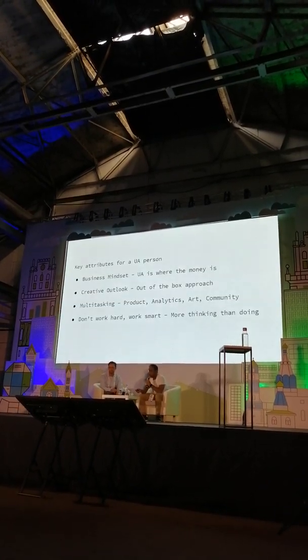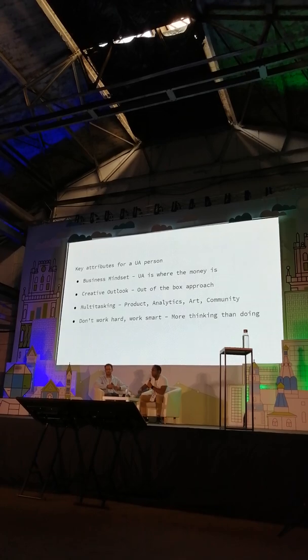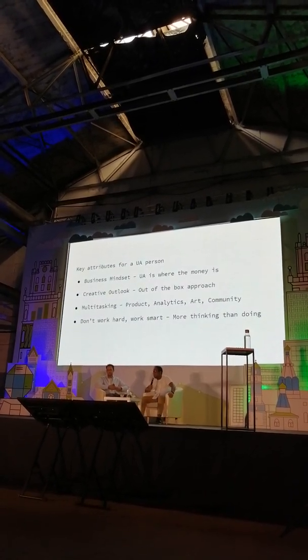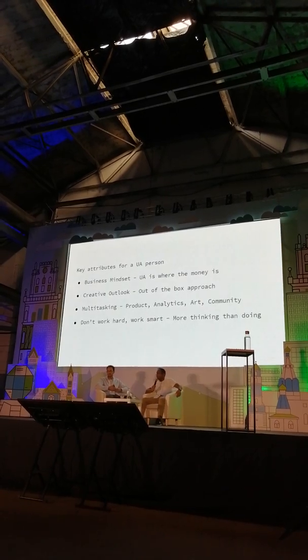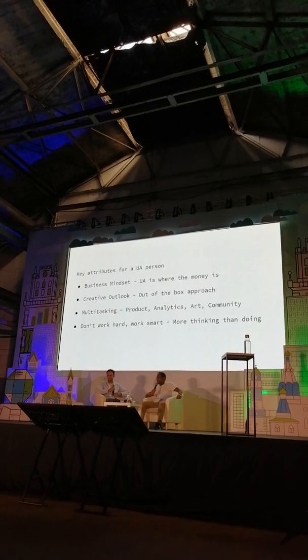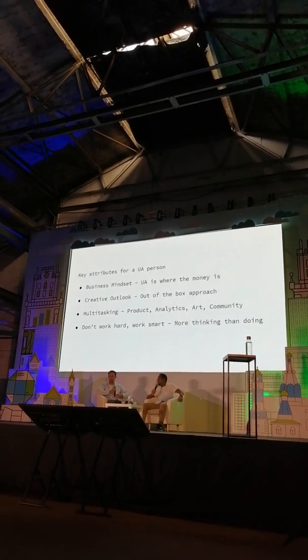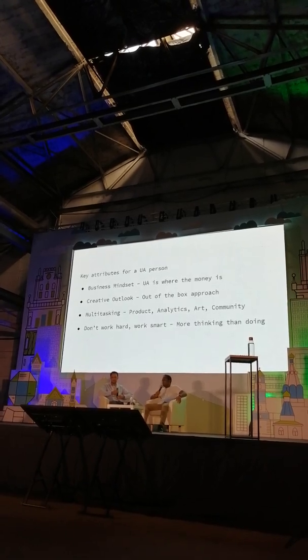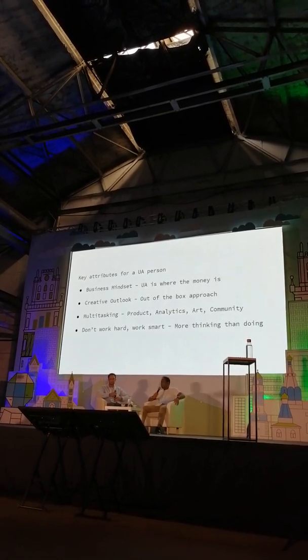So we'll crack on. This first slide's about, we thought it's important to include because one of the key things is understanding what a UA person does. For CEOs and C-level, when they're employing a UA person, who should they look for in the market? An obvious one is someone with an entrepreneurial business mindset.